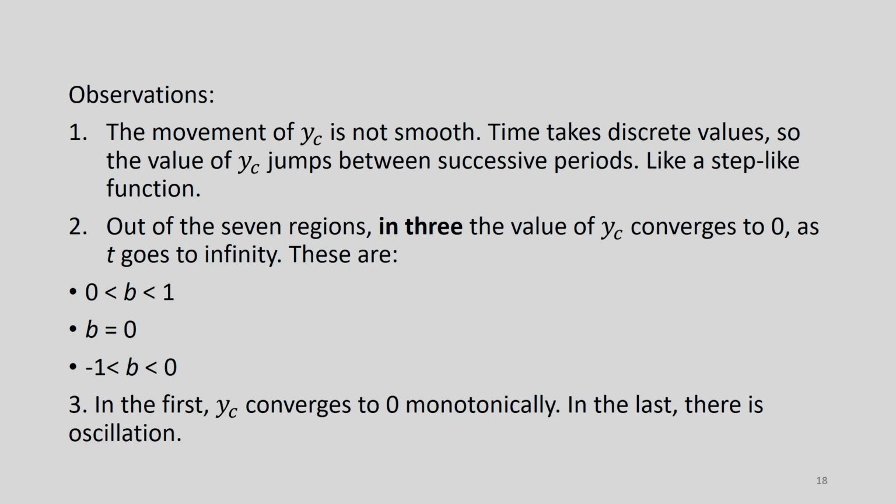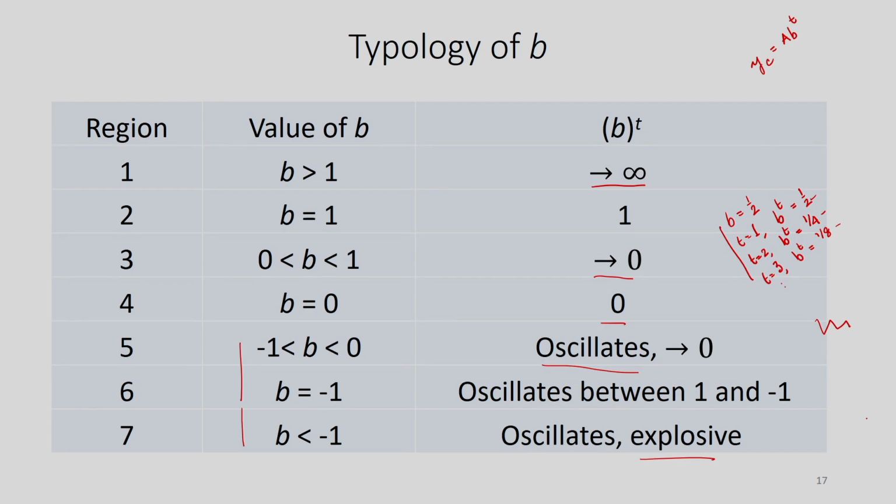Now, let us come to certain observations from this table, these 7 cases. First thing to note is that the movement of yc, that is the complementary function, is not smooth. Time takes discrete values. So, the value of yc jumps between successive periods like a step like function. Okay, that is obvious. Let us take this example that I have just constructed. b to the power t, right?